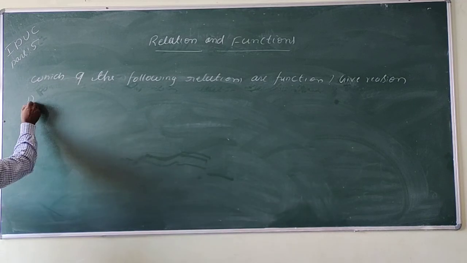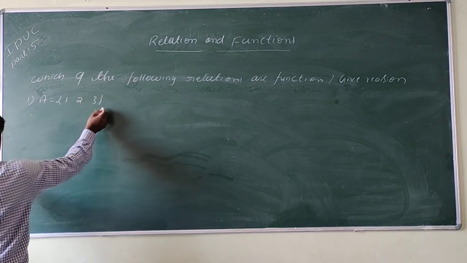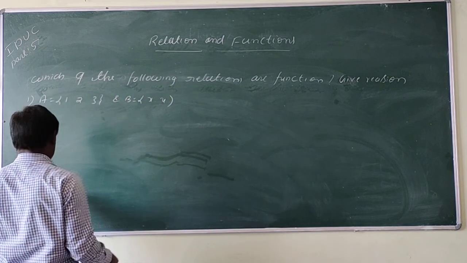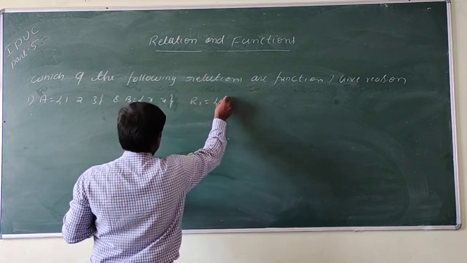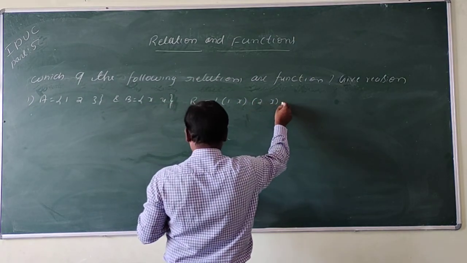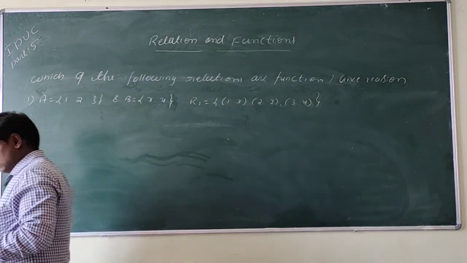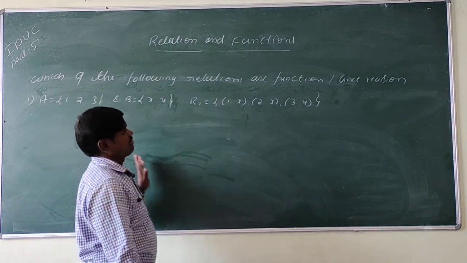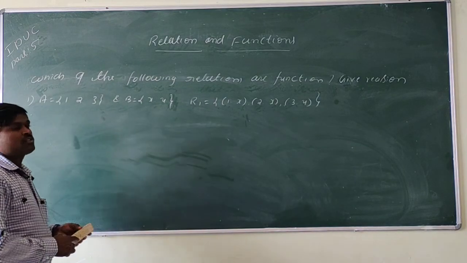First one: A is equal to {1, 2, 3} and B is equal to {x, y}, and R1 is equal to {(1, x), (2, x), (3, y)}. So this is the relation given. Whether this relation is functional or not. If it is a function, give the reason. If it is not a function, then also give the reason.